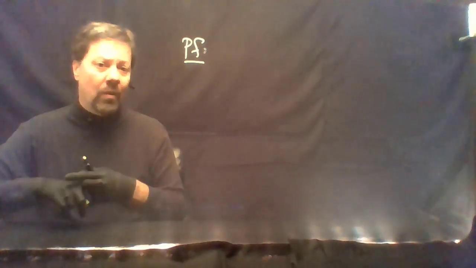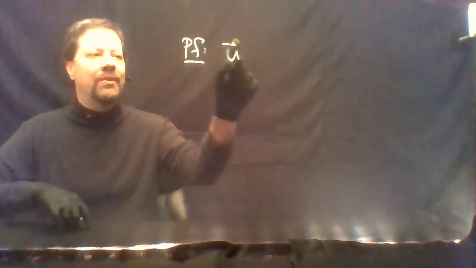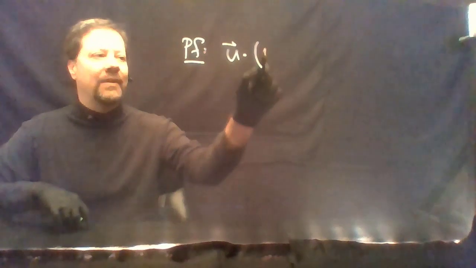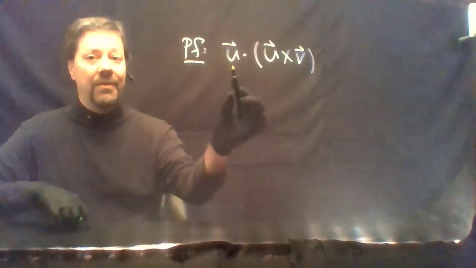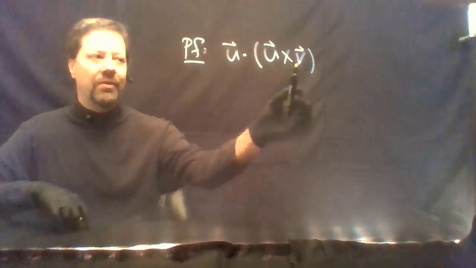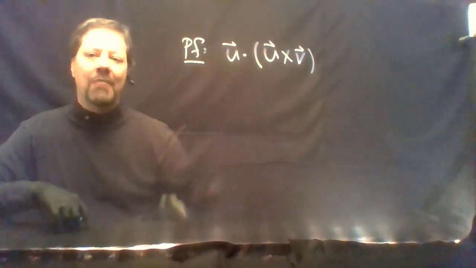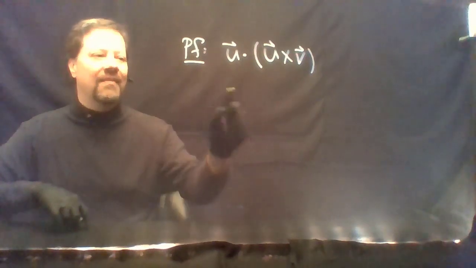To prove that two vectors are orthogonal requires that we calculate their dot product. Remember, we have a theorem that says two vectors are orthogonal if and only if their dot product is the zero scalar. So let's calculate U and dot that with U cross V. If U is truly orthogonal to U cross V, then this dot product must be 0.